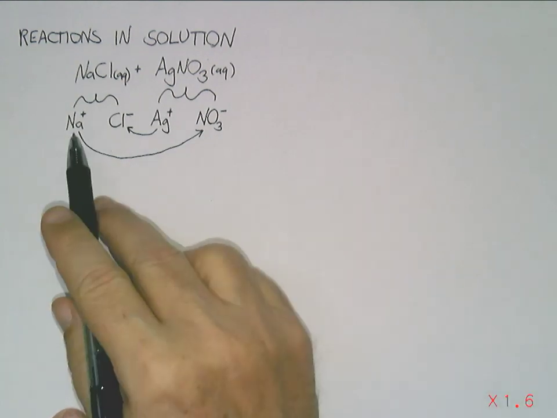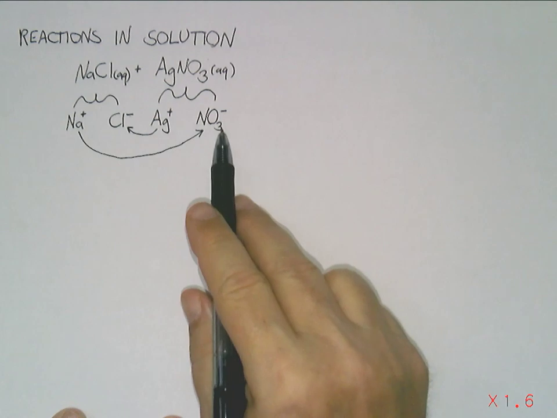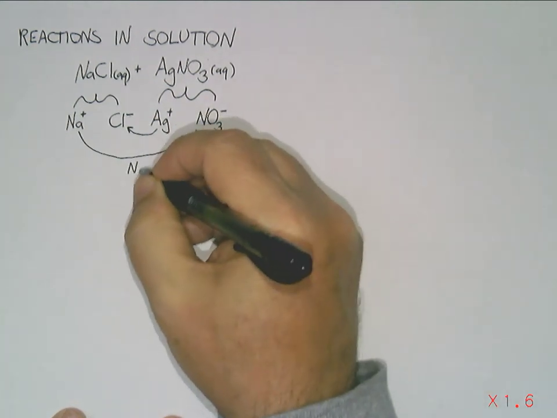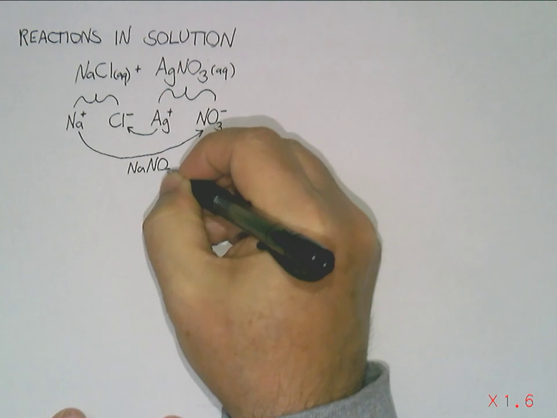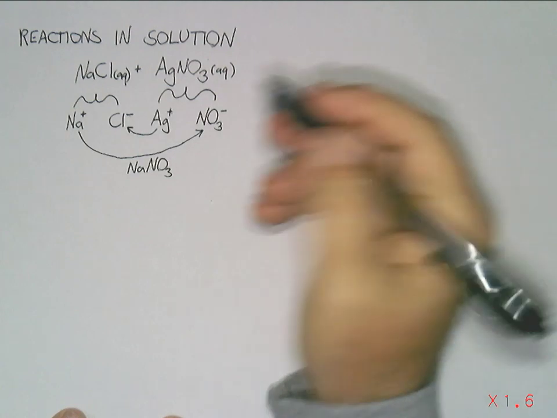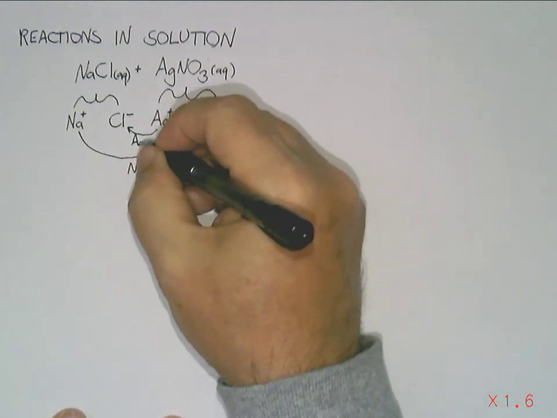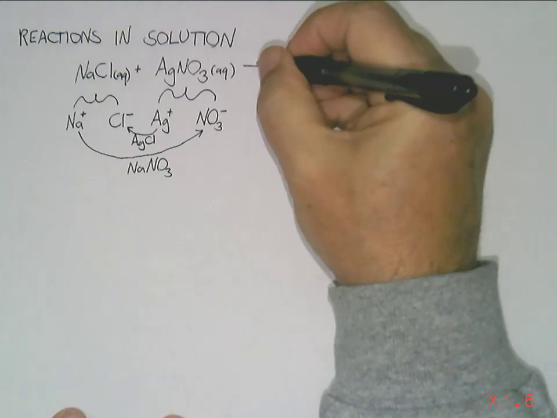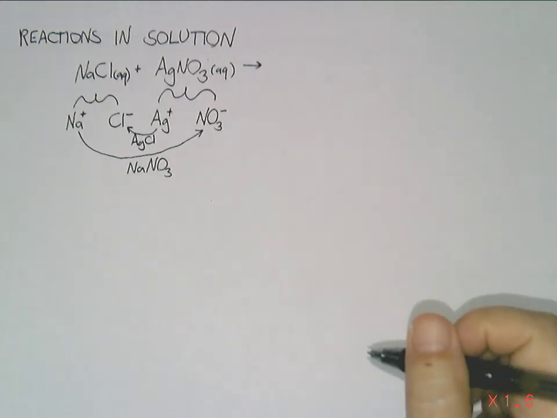So what you're going to get is sodium combining with NO3, and you're going to get this when you put those ions together. And when you put the silver together with the chloride, you get this. So you happen to get this.